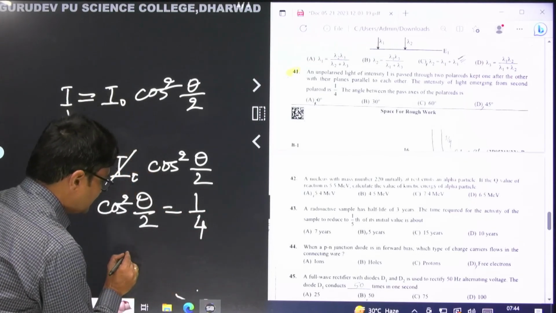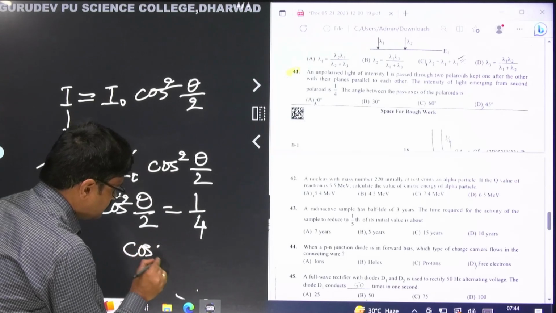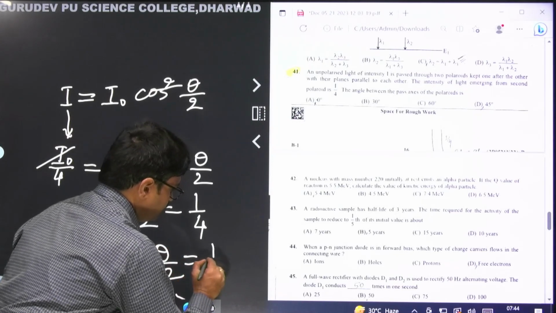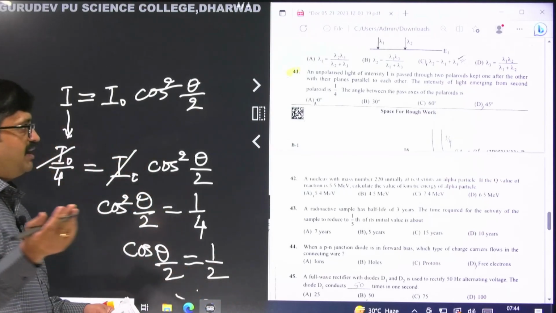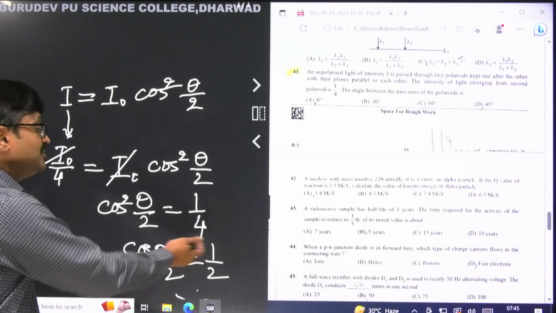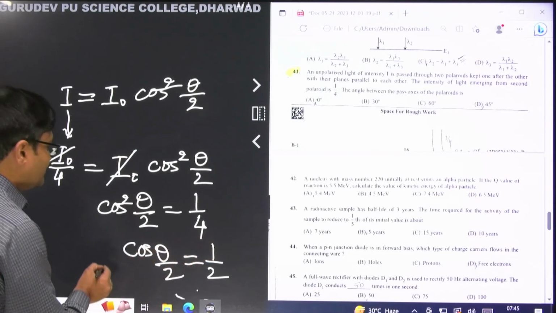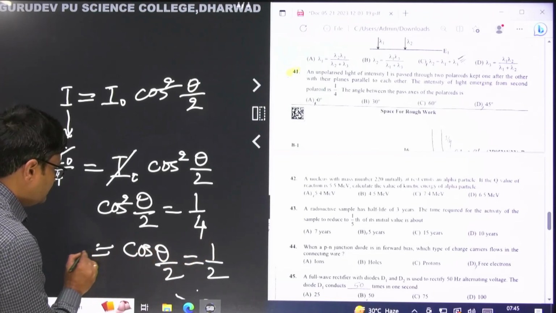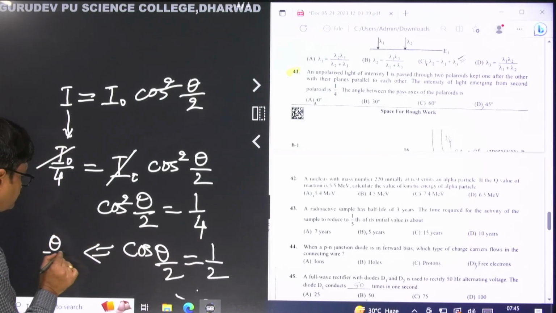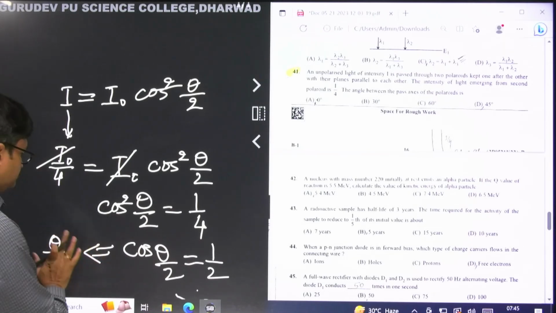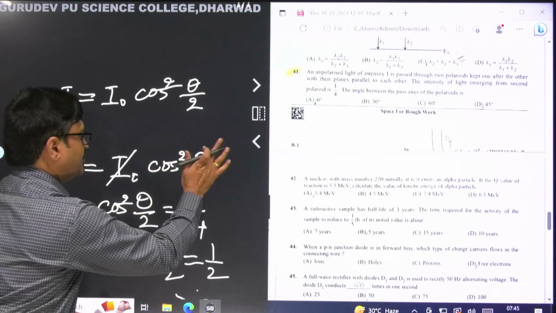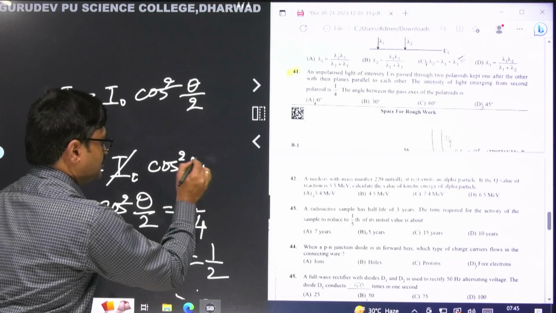So that means cos theta by 2 will be equal to 1 by 2. So I need not go ahead and give you the answer. Now what does cos theta by 2 equal to 1 by 2 imply? It implies theta, as we can notice here, in fact, we can write this as cos square theta only.